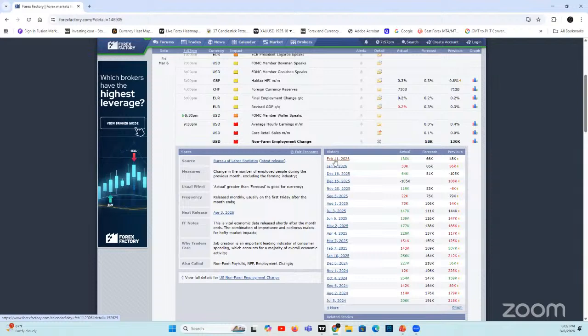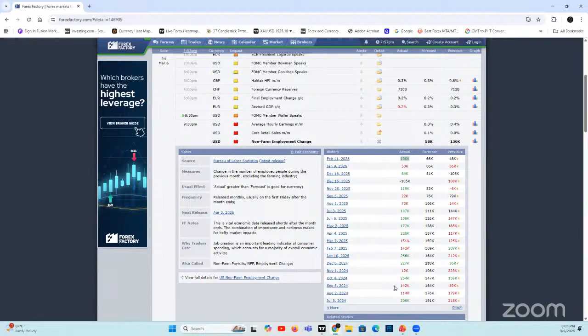February, last month, February 11, the first Friday of the month of February. There's the forecast and there is the actual. Previously, January 2026, the previous was 48. So this actual and forecast is what you will check.